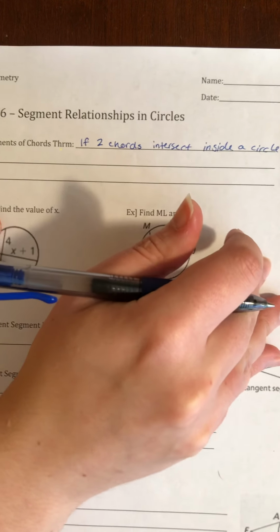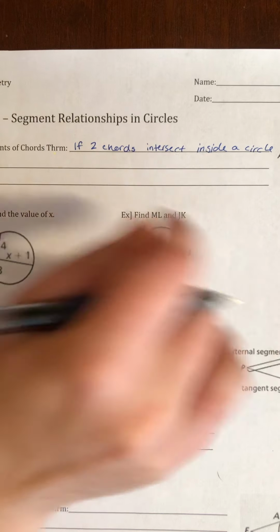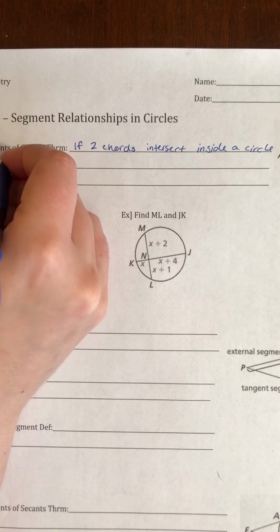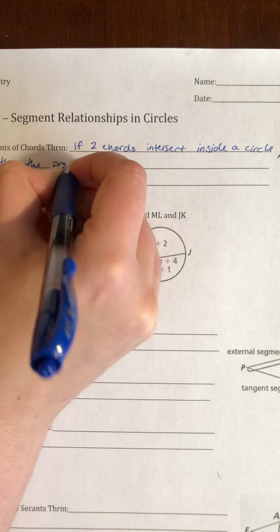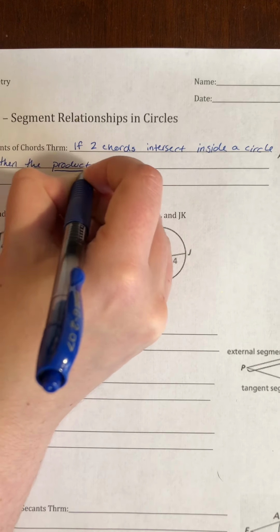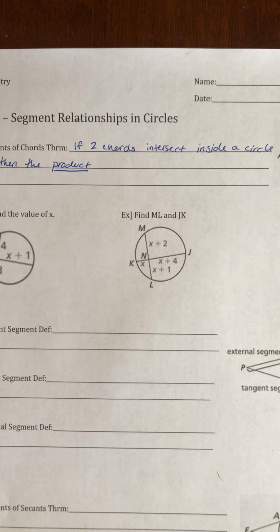So if two chords intersect inside a circle, then the product, where do we get products? We get products from multiplication.